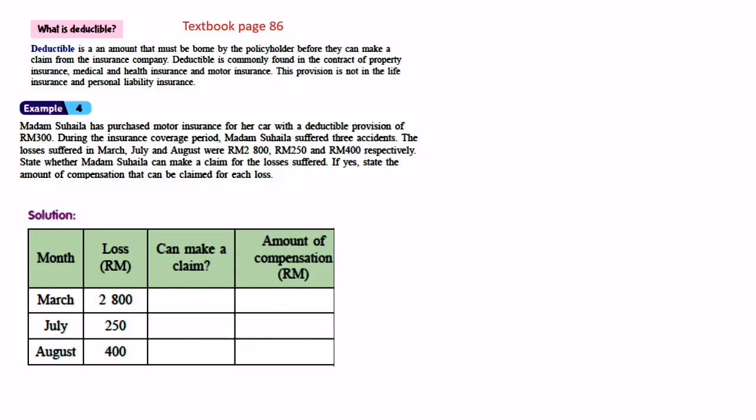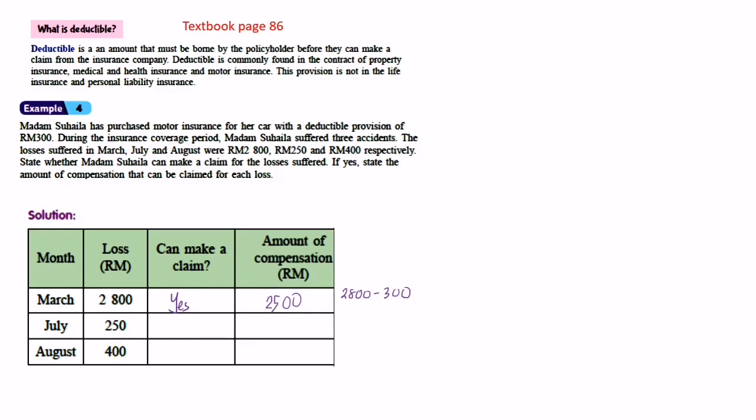Losses suffered in March is 2,800 ringgit. Can make a claim? Yes. The amount of compensation is 2,800 minus the deductible amount 300, so it is RM 2,500. The losses suffered in July is 250.